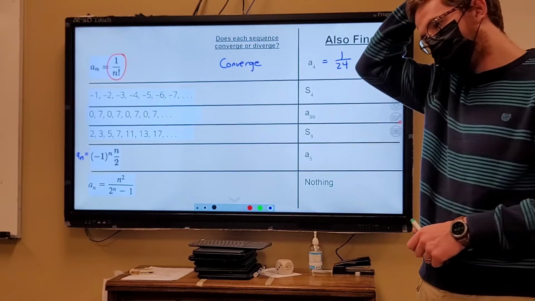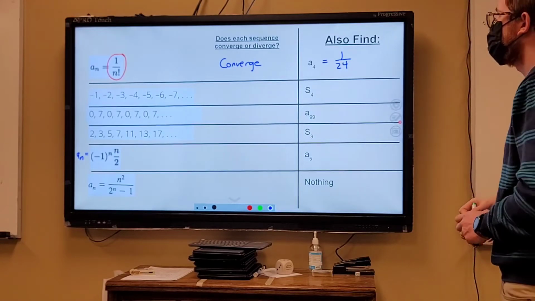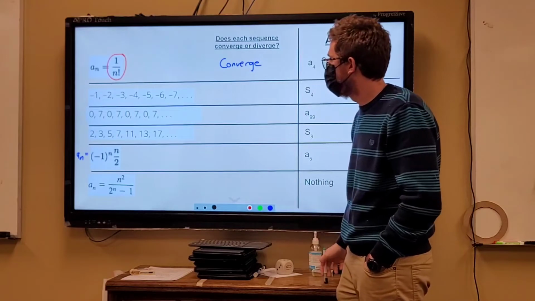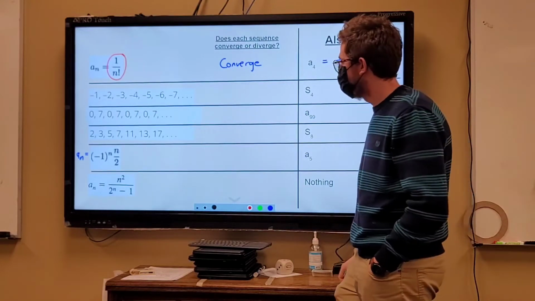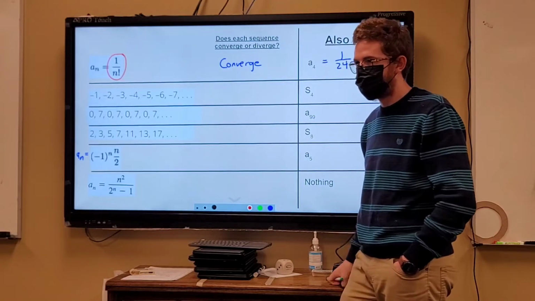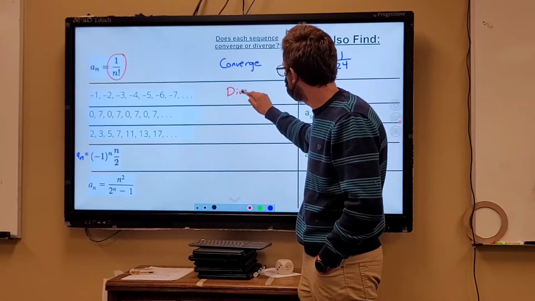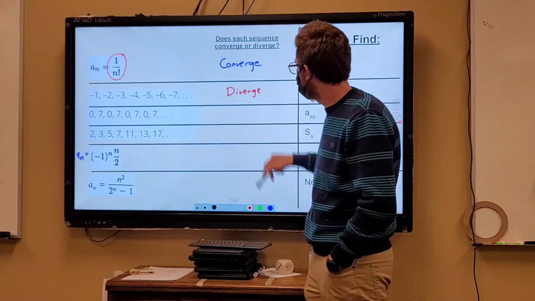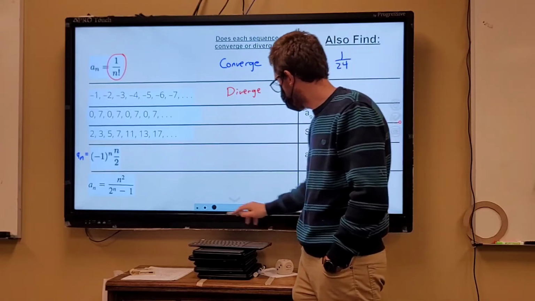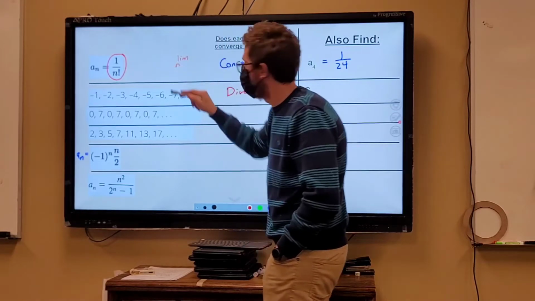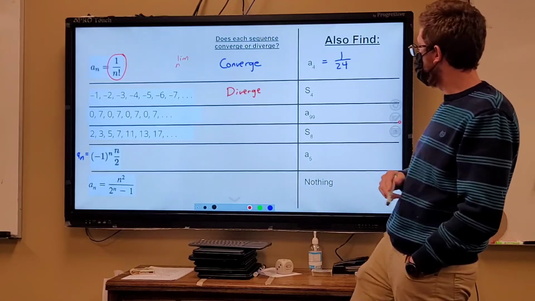2, 3, 5, 7, 11, 13. Those are all the prime numbers. That's the sequence. It's diverging. And then, what's the difference?